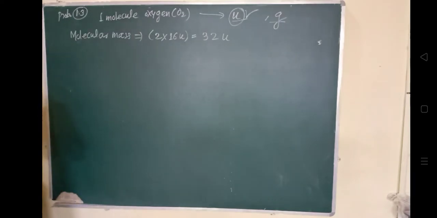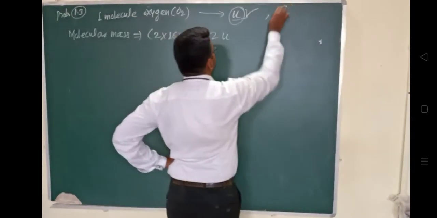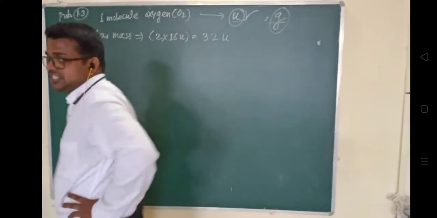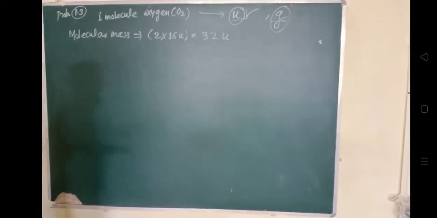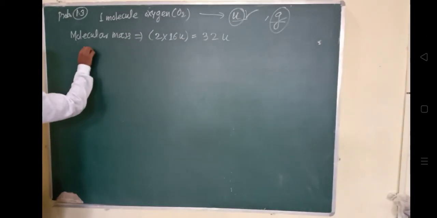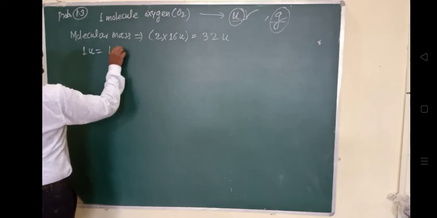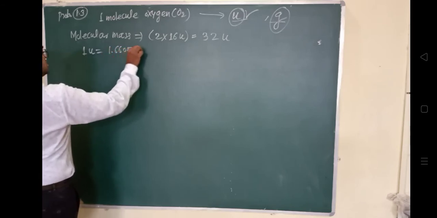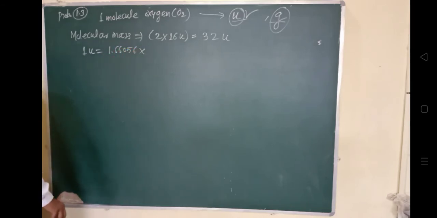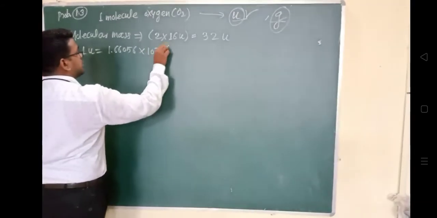Now we have to find the answer for one molecule of oxygen, O2, in terms of grams. How many grams is it? We know the relation that one unified mass is equal to 1.66056 multiplied by 10 raised to minus 24 gram.